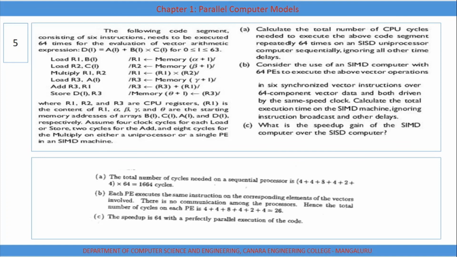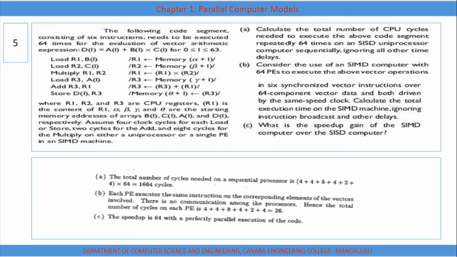Because they have mentioned assume 4 clock cycles for each load and store. The first instruction, second instruction, fourth instruction, and the last instruction are load or store operations. So that requires 4 clock cycles.